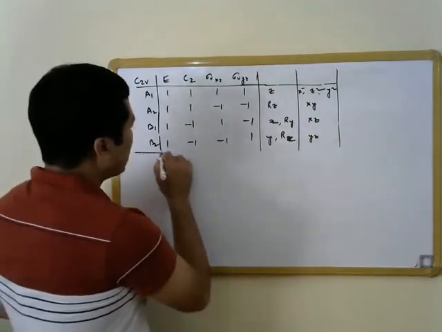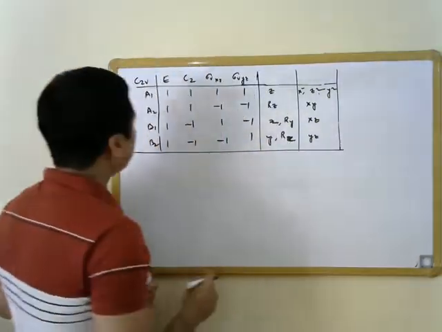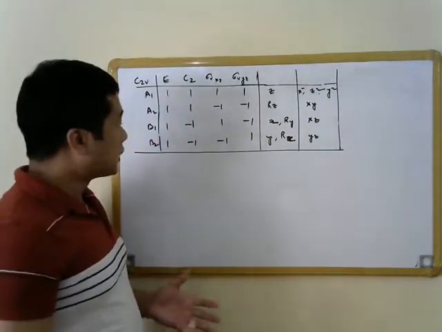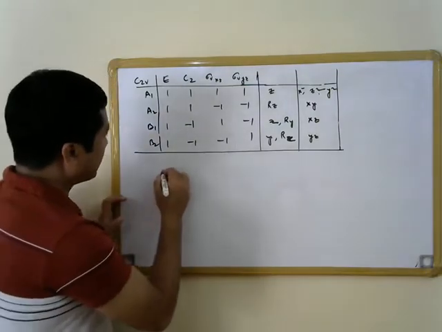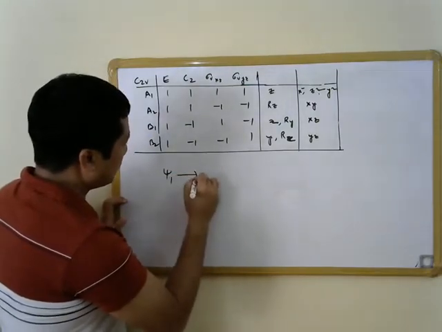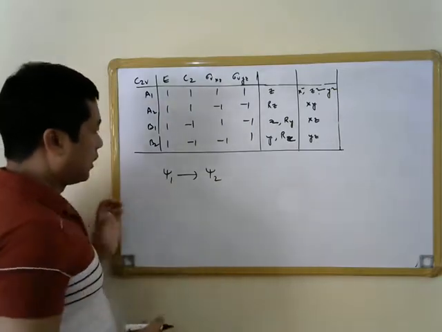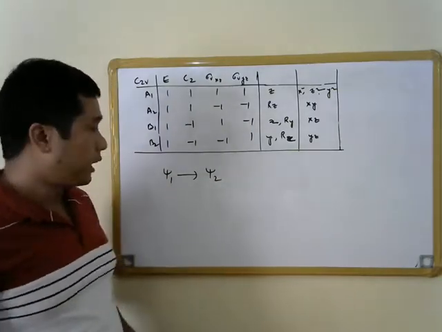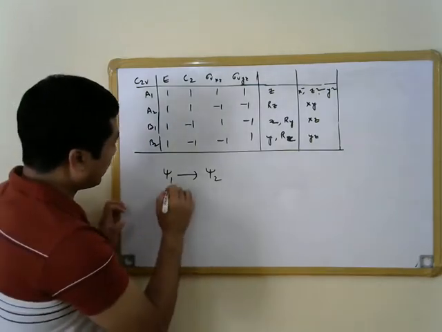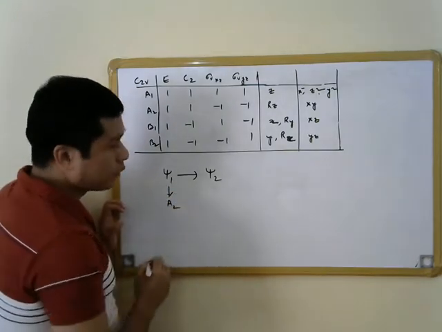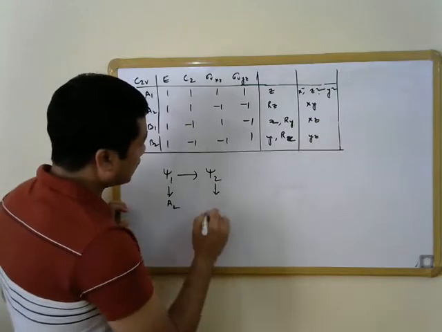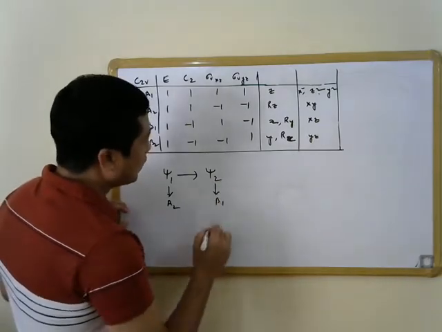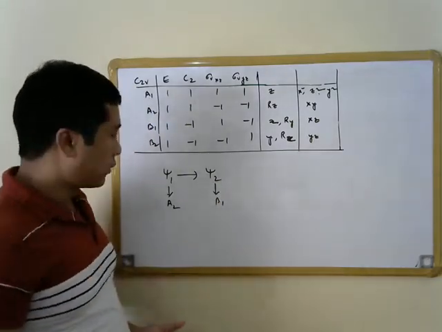Now let us figure out whether a particular transition is allowed. Consider a transition from a wave function psi1 to psi2, and assume psi1 forms the basis for the A2 irreducible representation, and psi2 forms the basis for the B1 irreducible representation.